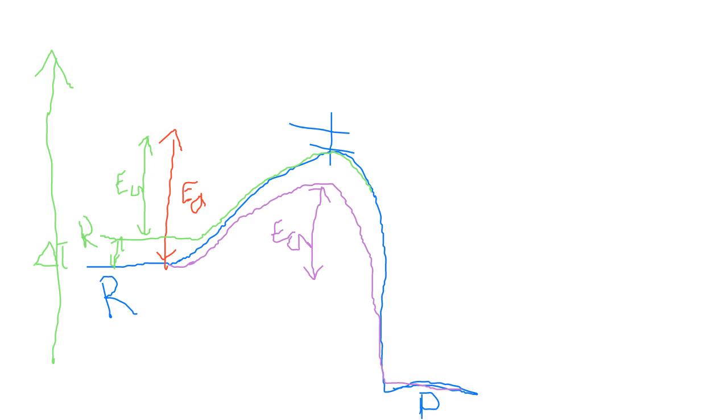And is there any other factor? Well, wouldn't inhibitors be a factor in these? Anything that inhibits? Yes, an inhibitor is the opposite of a catalyst. So an inhibitor is basically going to increase the activation energy.